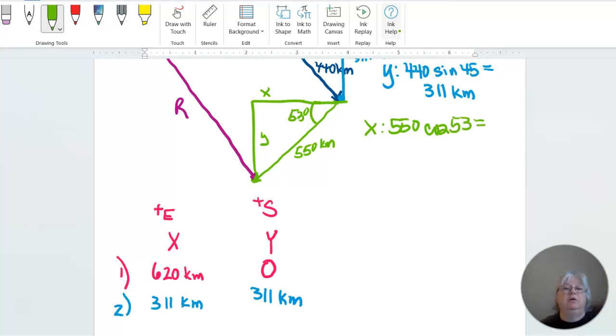Cosine again because it's touching that x side. So 550 cosine 53 is 331. Now you know where I've been getting that 331. And my y is 439.